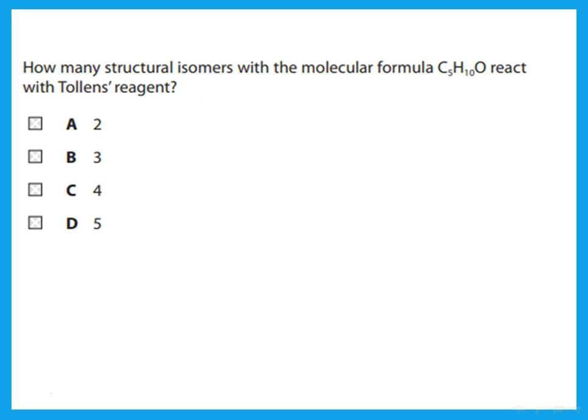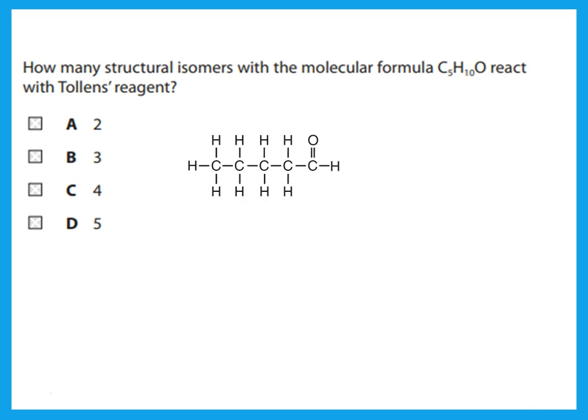How many structural isomers with this molecular formula react with Tollens reagent? First of all, we said which ones will react with Tollens reagent? It has to be an aldehyde. So he's asking how many aldehydes will have this formula. So let's start drawing the different aldehydes with 5 carbons.